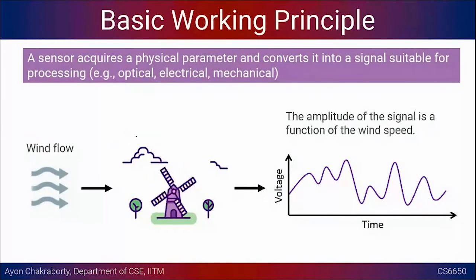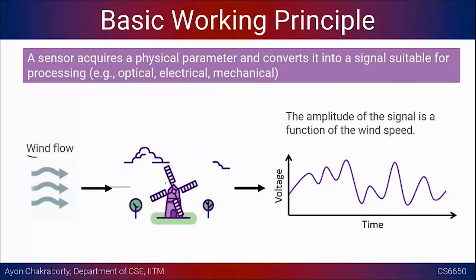So this is the basic working principle of how a sensor works. Let's say, as a dummy example, you want to measure the velocity of wind flow. On the left hand side, I have shown the wind flowing and there is this device. It looks like a windmill, but it could be something that you have created.